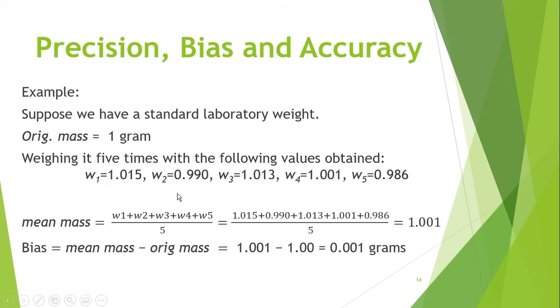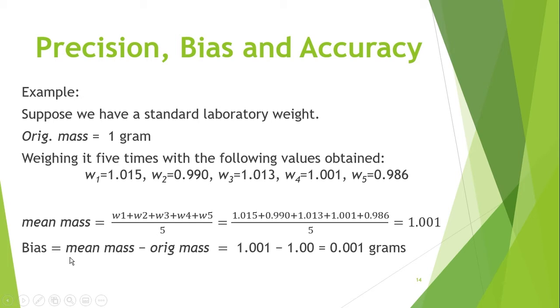Now, ang gagawin mo, since this is an example, you add all the values and then divide it by 5, dahil 5 times mo siyang winay. Then, you'll get 1.001. So, ito yung average or mean of the 5 masses or weights.